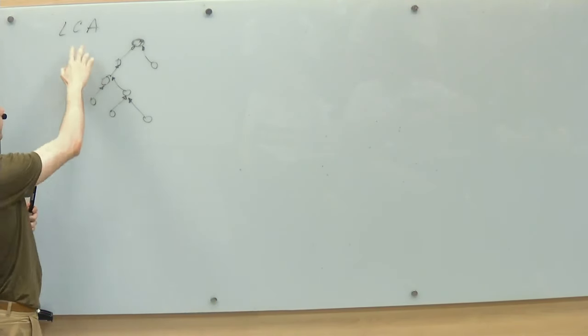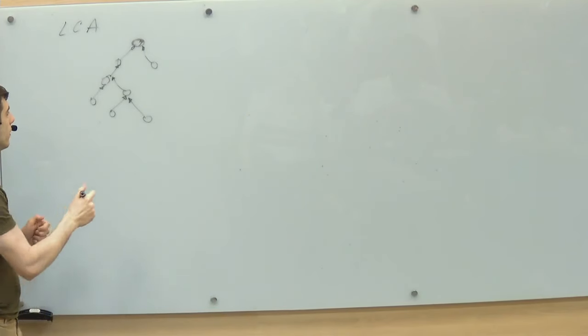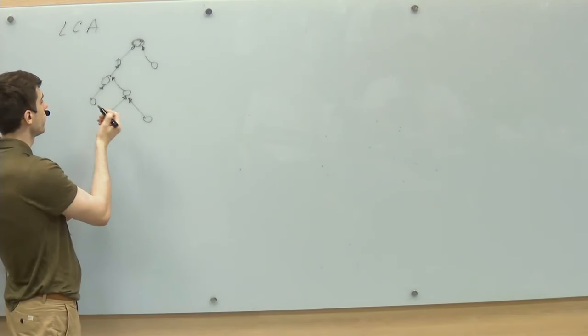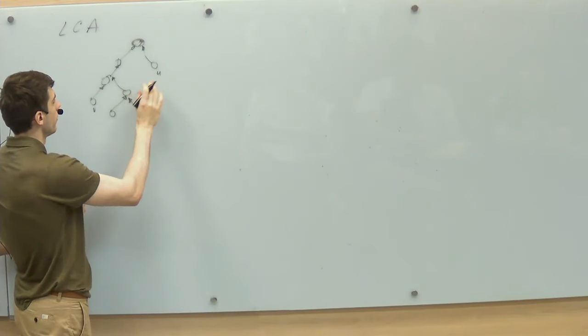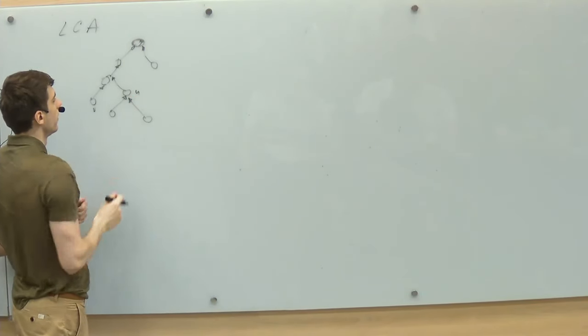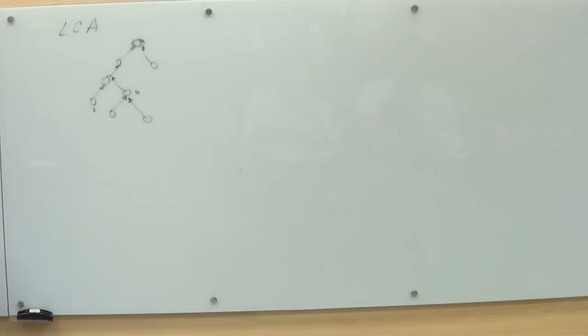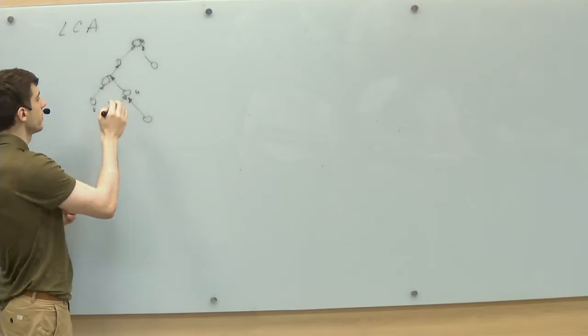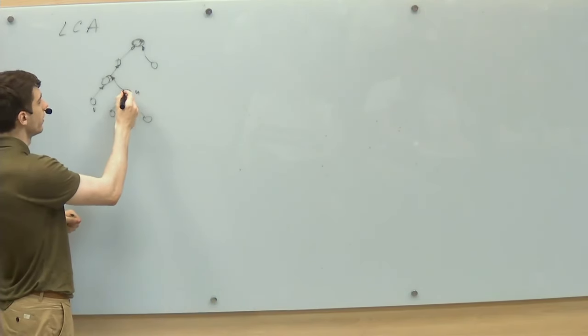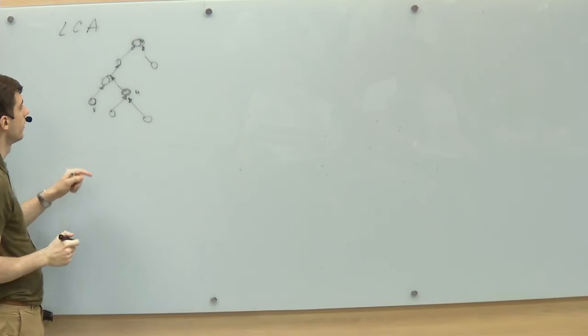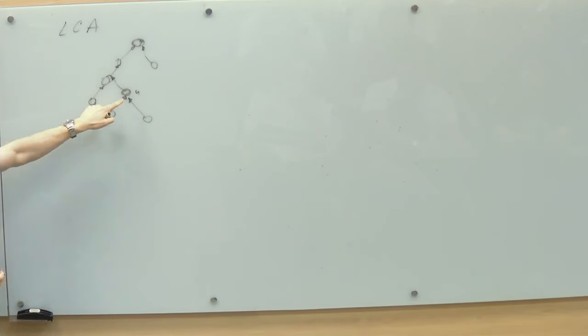The LCA problem is the problem where for each query, for a pair of vertices, we have to find their lowest common ancestor. The ancestor is basically a vertex you can reach by moving along the parent links. If you pick these two vertices, the lowest common ancestor for this pair will be this one.